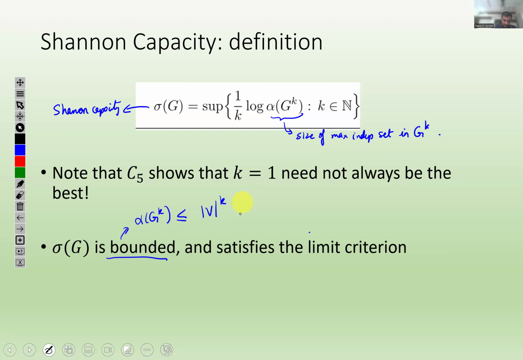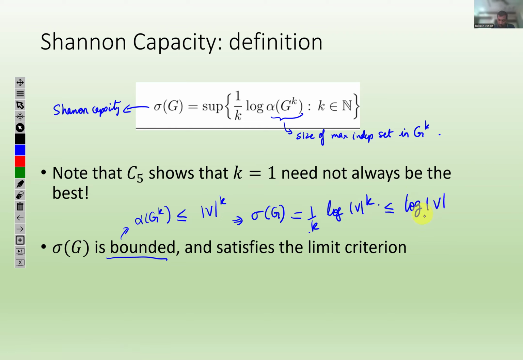So this implies the Shannon capacity as defined is less than or equal to mod v. Because I take log of this, let me write it more explicitly. It's always bounded by log of, it's always to the base 2. This is quite natural in CS if you're not used to it. So it's always upper bounded by log v.